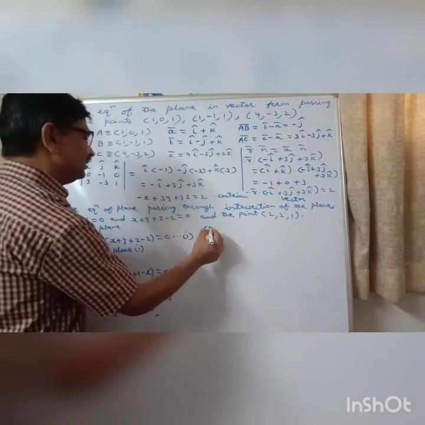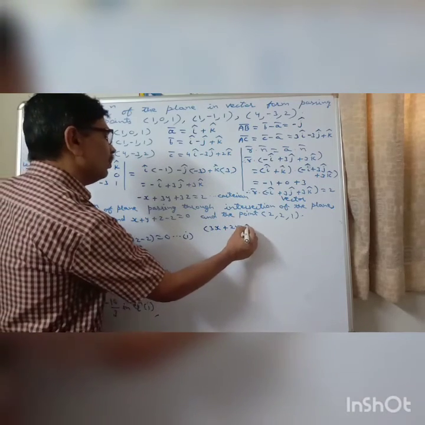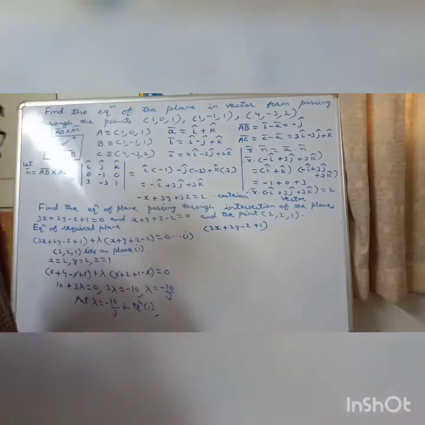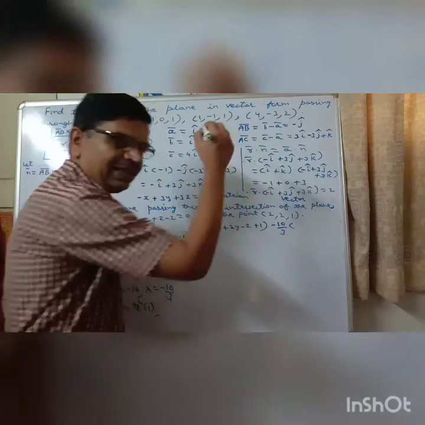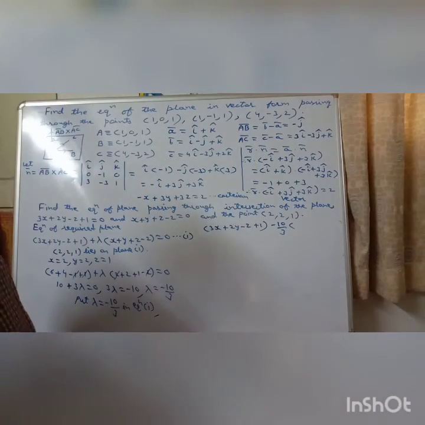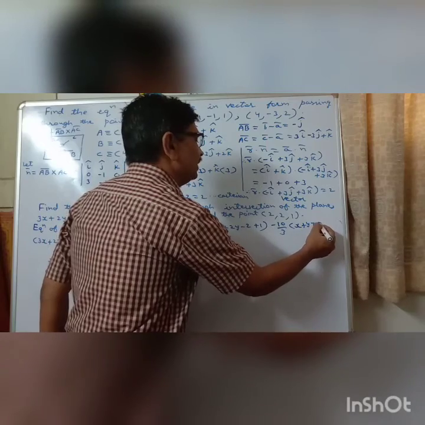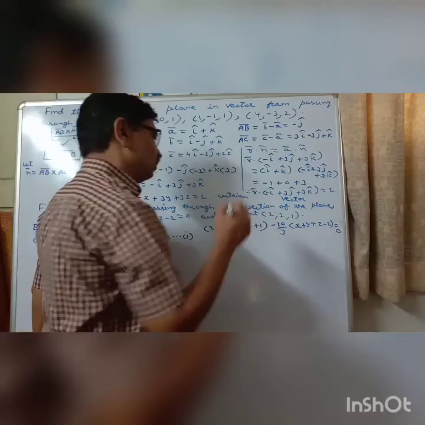First bracket as it is, 3x plus 2y minus z plus 1. Lambda is negative. Minus 10 by 3 into bracket x plus y plus z minus 2 equal to 0.